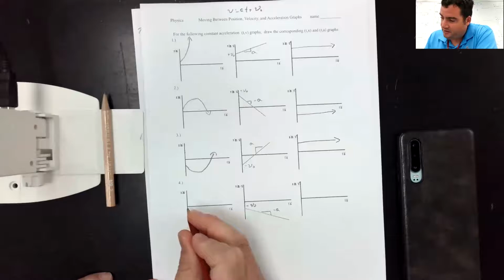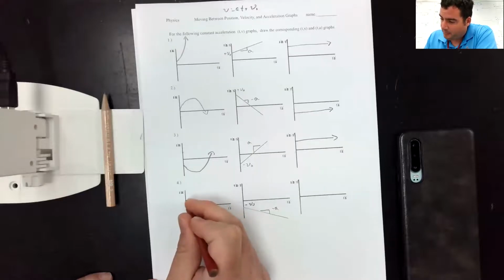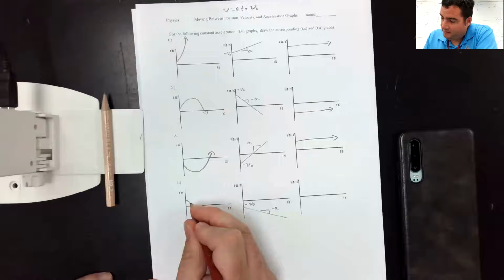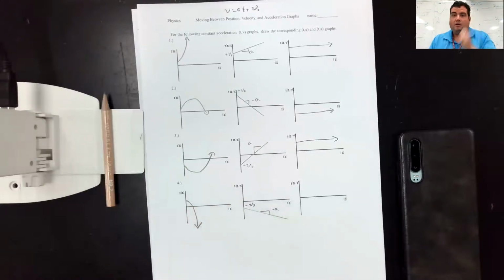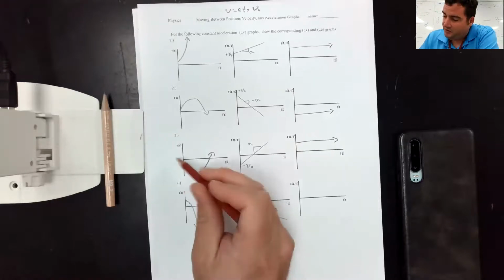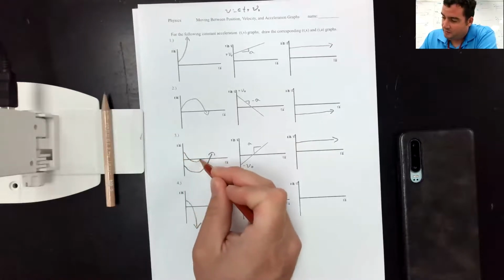So we start off with a negative slope, and it gets more negative, so it's going to get steeper like that. I hope that makes sense. I wish I had started this one up here so that it fit all the other ones.